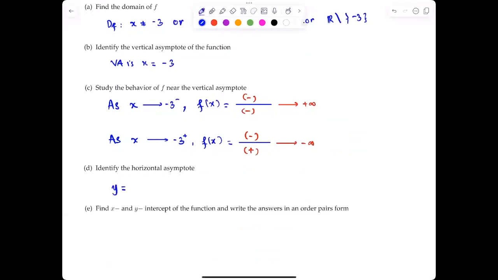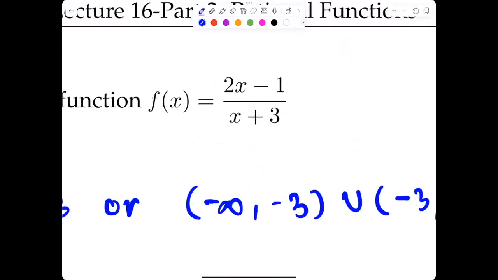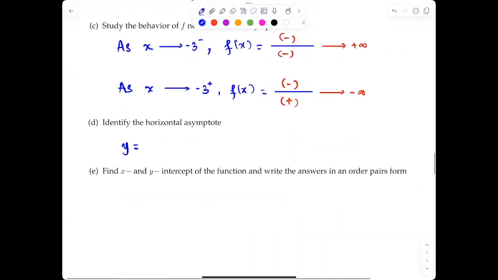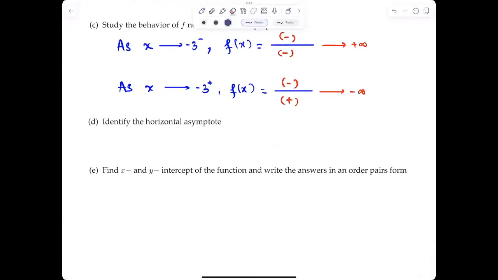The leading coefficient here is 2, and the leading coefficient here is 1. So the horizontal asymptote is y equal to 2 over 1 equal to 2. Questions?